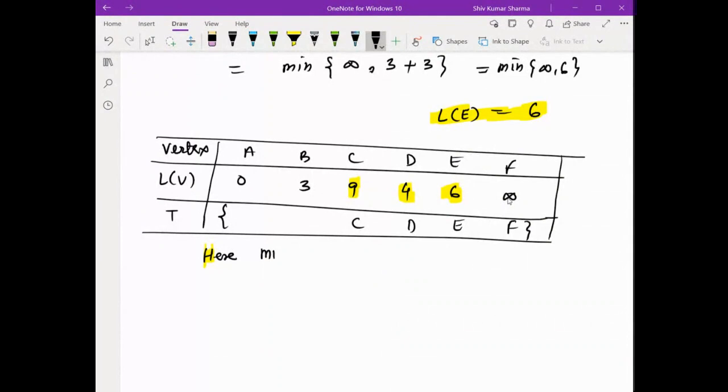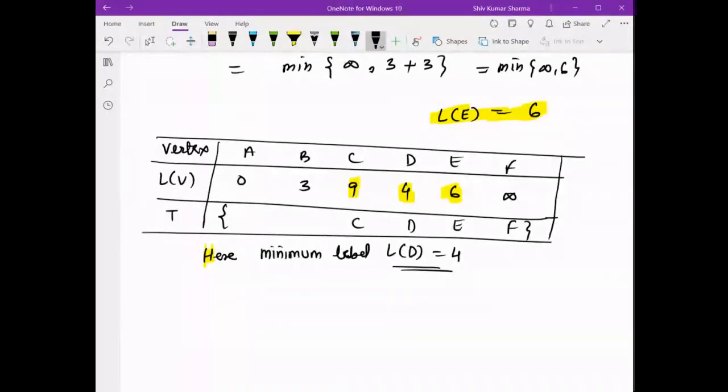Here the minimum level is of vertex D, which is equal to 4. So this is the minimum level. So now we give the permanent level to the vertex D.